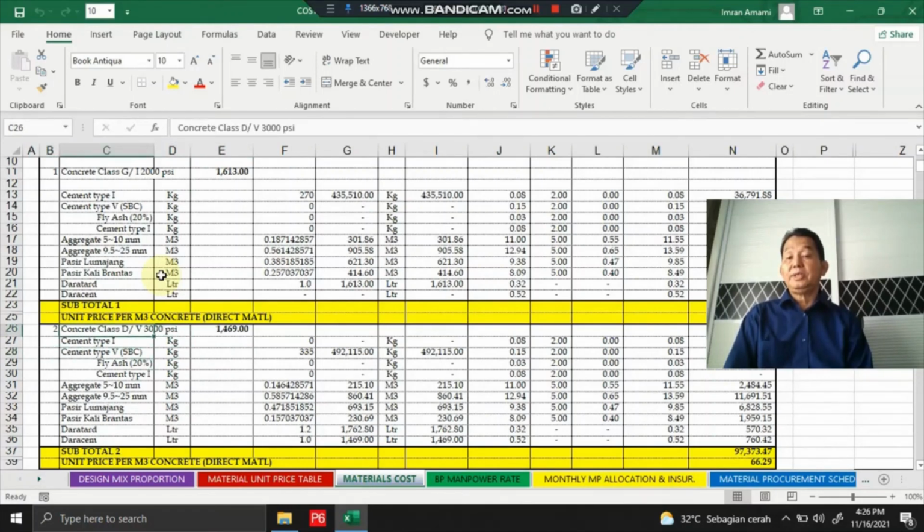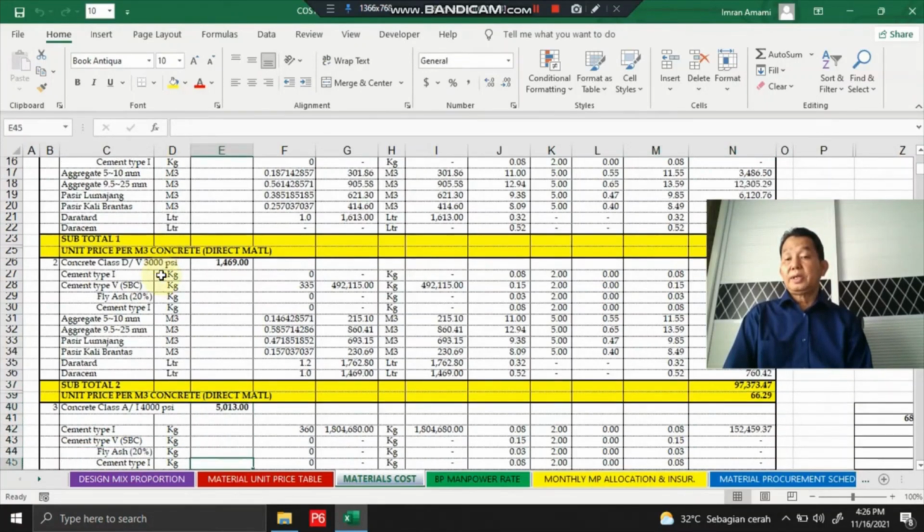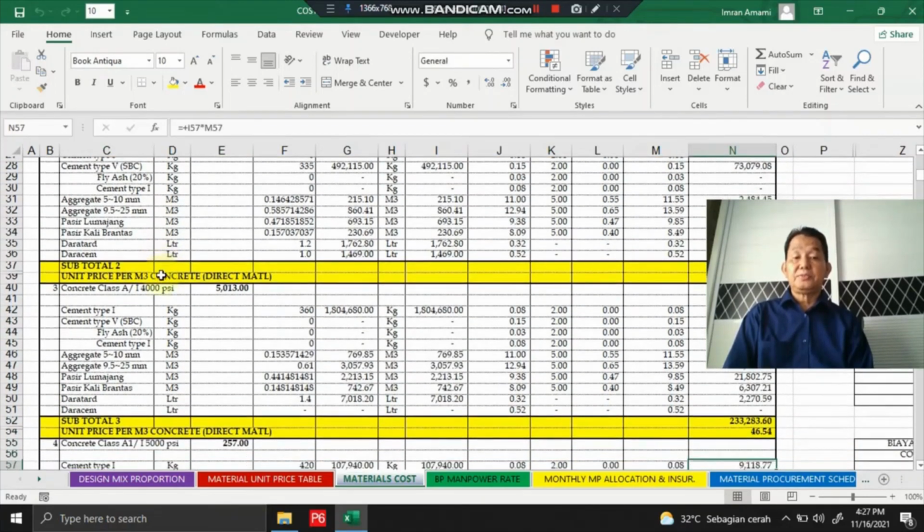This is for D type 5 with strength 3000 psi, and the price is here. This is the unit price also for concrete class A type 1 for strength 4000 psi. This is the total price, and this is the unit price.